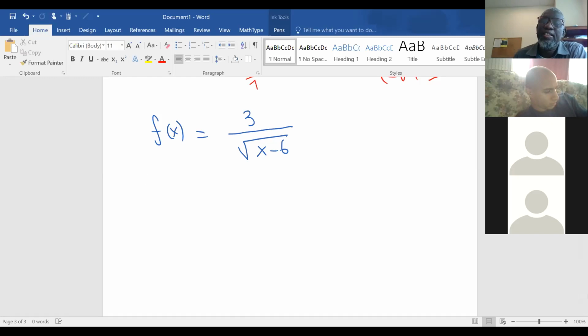You get x minus 6 greater than 0. Why don't we put greater than or equal to 0? Why don't you put equal? Because when we put 0, the square root of 0 is 0, and we can't divide 3 by 0.